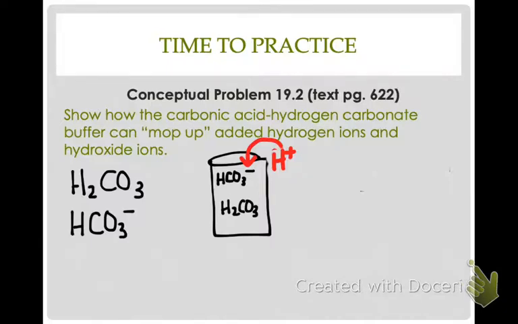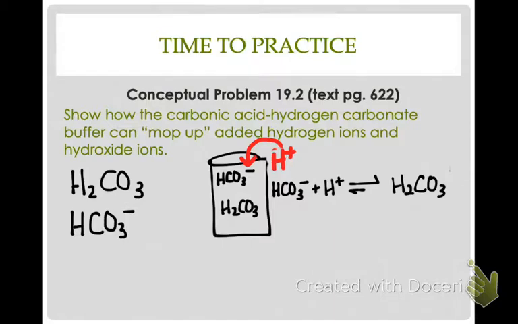Here the hydrogen carbonate ion, the HCO3 minus, is going to attract that hydrogen ion to it, and it's going to form carbonic acid. And carbonic acid, again, is going to not dissociate. The ion mops up those excess hydrogen ions, and because the carbonic acid doesn't dissociate, the pH stays pretty constant.